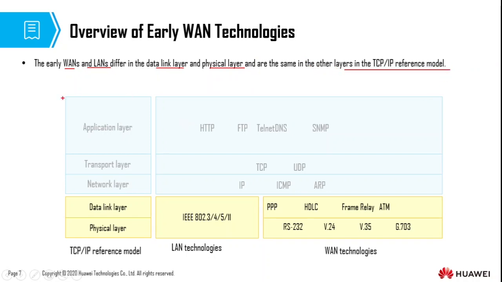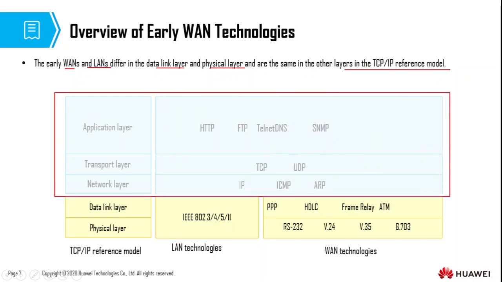As you can see here, LAN technologies and WAN technologies are the same on the upper layers from layer 3. On the other hand, the difference comes in here at the data link and physical layer.